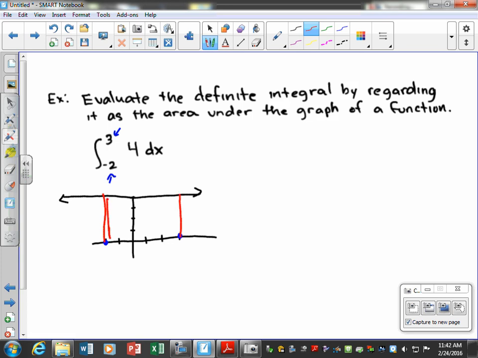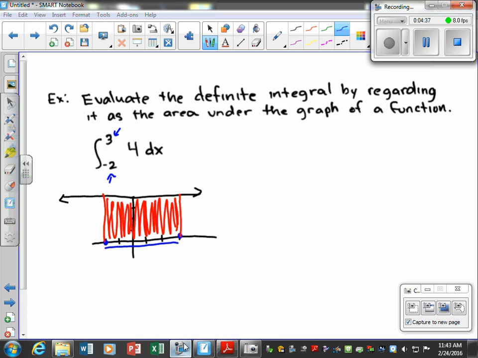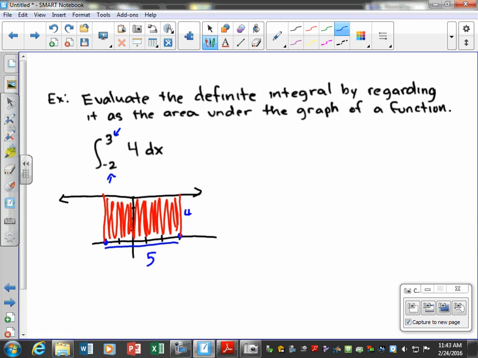So basically what we're looking at is this rectangle. So what's the width of this rectangle? 5 units, right? 1, 2, 3, 4, 5 units. And what's the height? 4. So what would be the area? 5 times 4, which is 20 units squared.